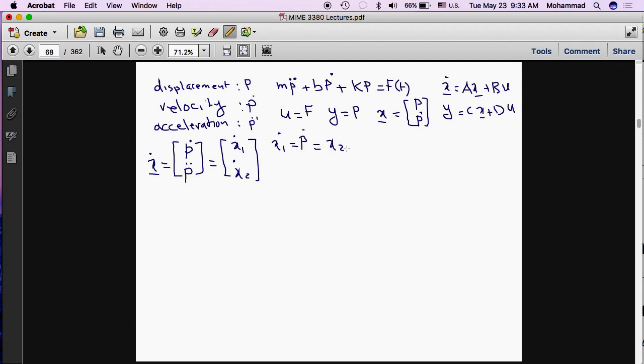Can you see that, everybody? Basically, the first member of vector x dot is equal to the second member of vector x. Do you see that? Okay. Now, we answered one half of the first part of the state space model. Let's go to x2 dot. So x2 dot is p double dot. How is that related to x1, x2, or maybe u?